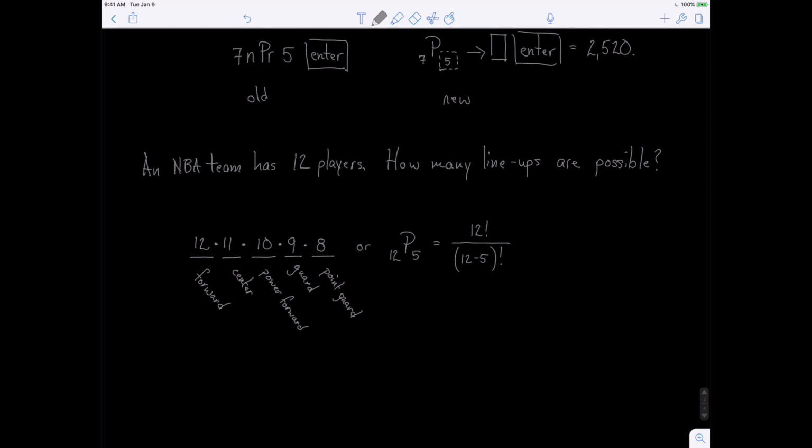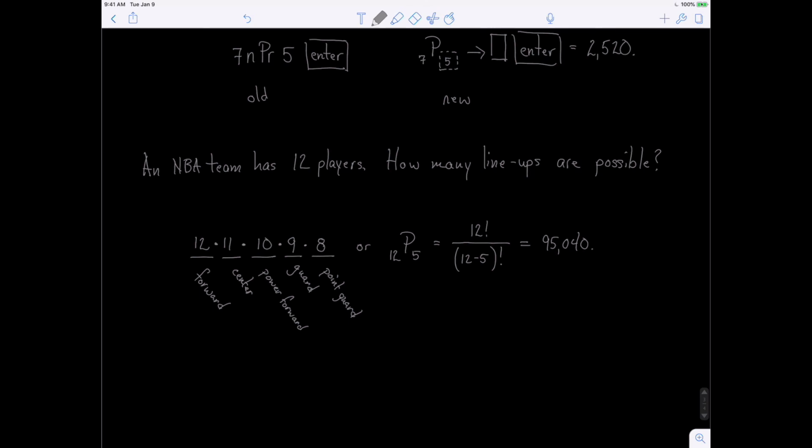Or if you do it in the calculator, either way you do it, you should come up with a final answer of 95,040 different starting lineups just for a simple basketball game. That's a lot.